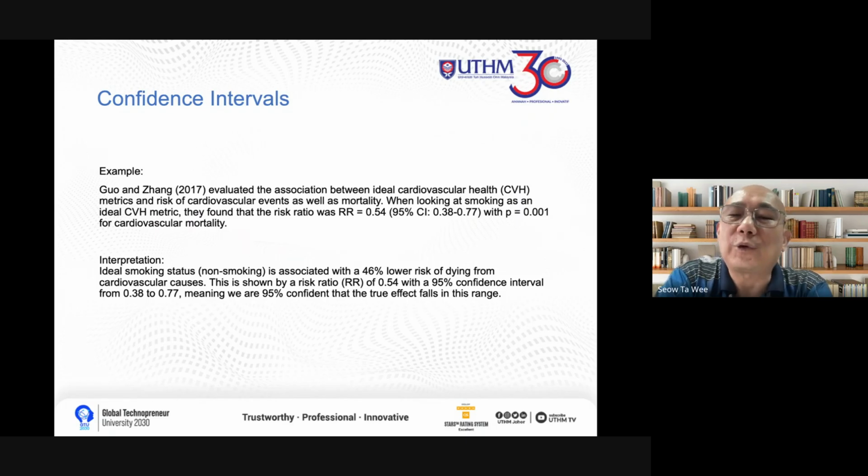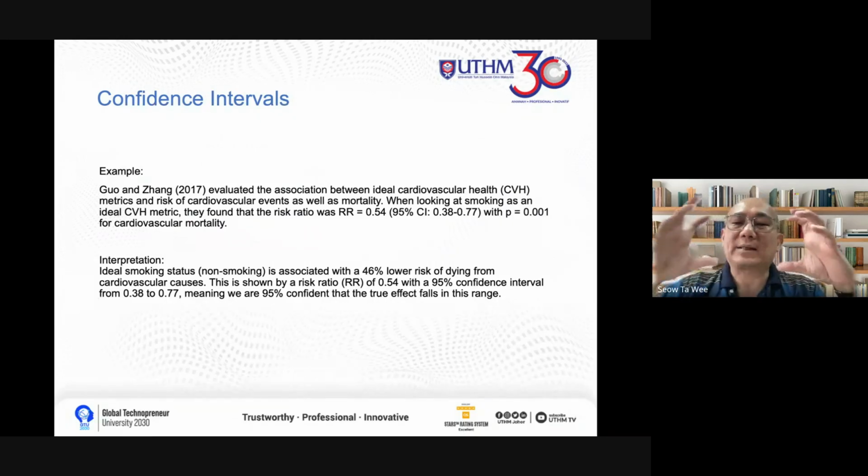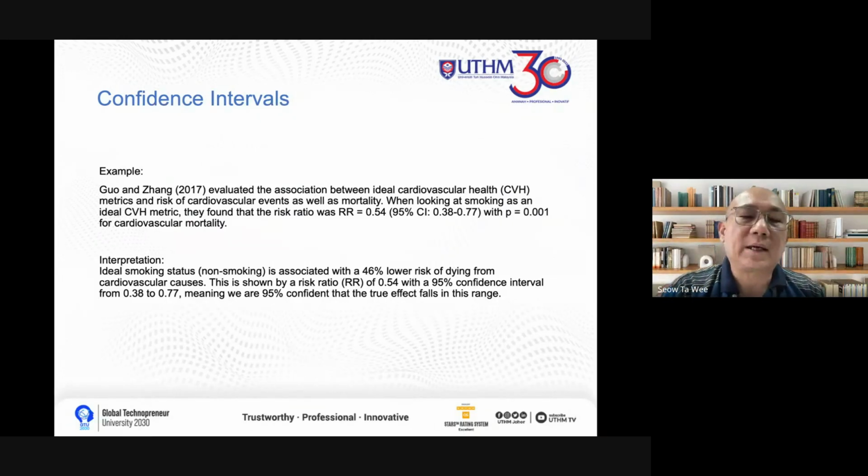When we try to interpret the data, we get a set of data from SPSS. Ideal smoking status, meaning non-smoking, is associated with a 46% lower risk of dying from cardiovascular causes.